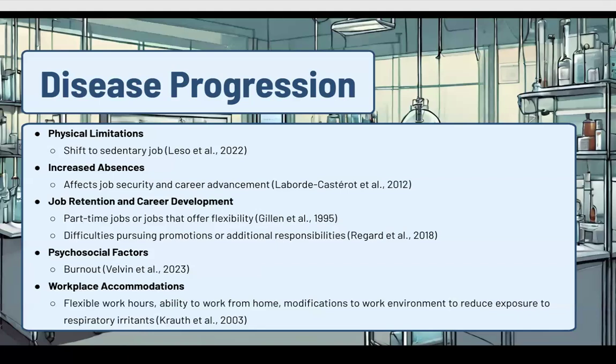Job retention and career development is the next one. So despite these challenges, many individuals with CF manage to retain employment. However, the nature of the work that they do may change, with a tendency towards part-time roles or jobs that require more flexibility, since they do have frequent medical appointments and hospitalizations.